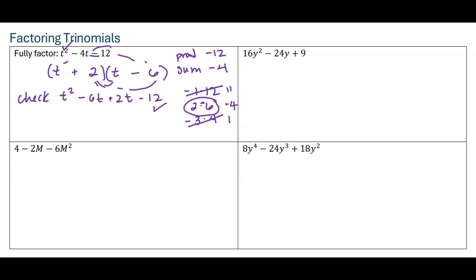We planned that carefully with the product part of our statement. The tricky part that you have to just get good at checking for yourself is, did I get the inside outside right? So negative 6t plus 2t is in fact negative 4t. So I got all of it right, which means my answer is the factored form right there.